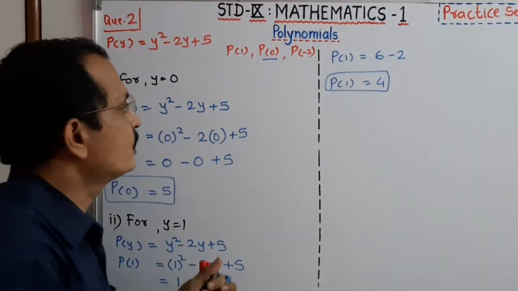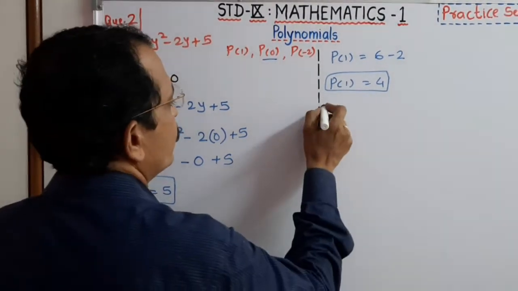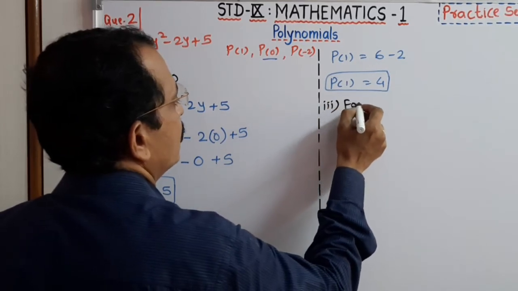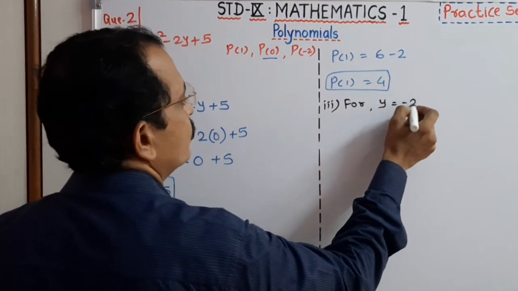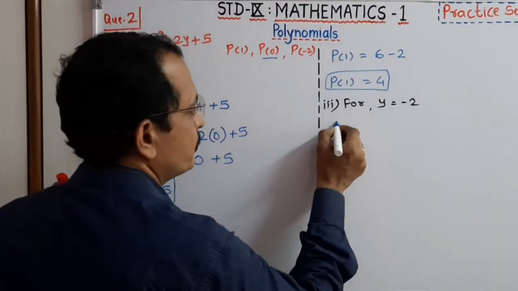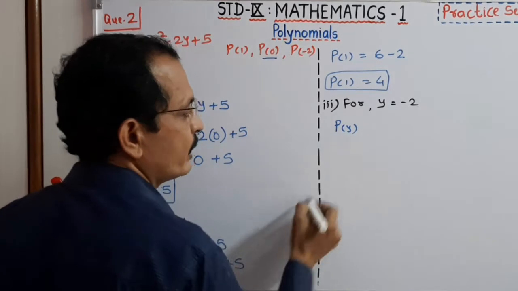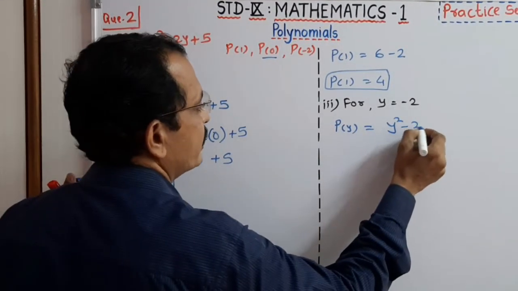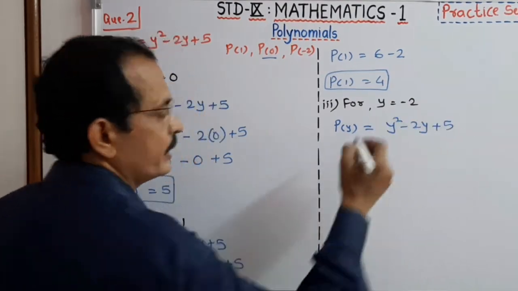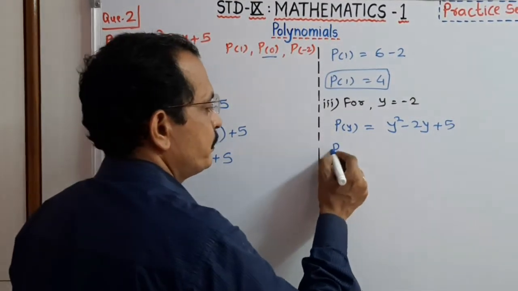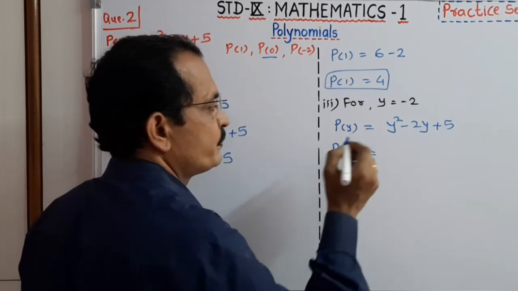Now the third one is there. We have to find out the value of the polynomial for y is equal to minus 2. First of all we write p(y) is equal to y square minus 2y plus 5. We just have to put the values, P(minus 2).